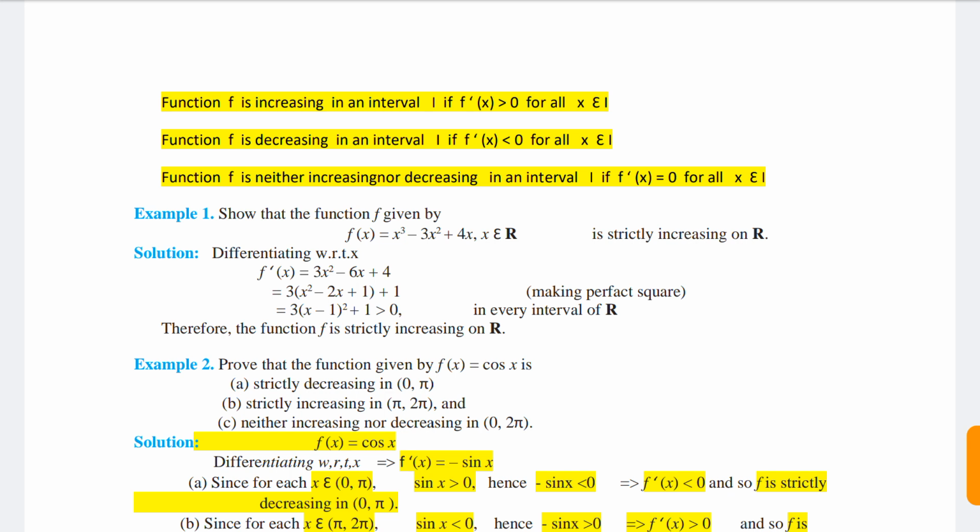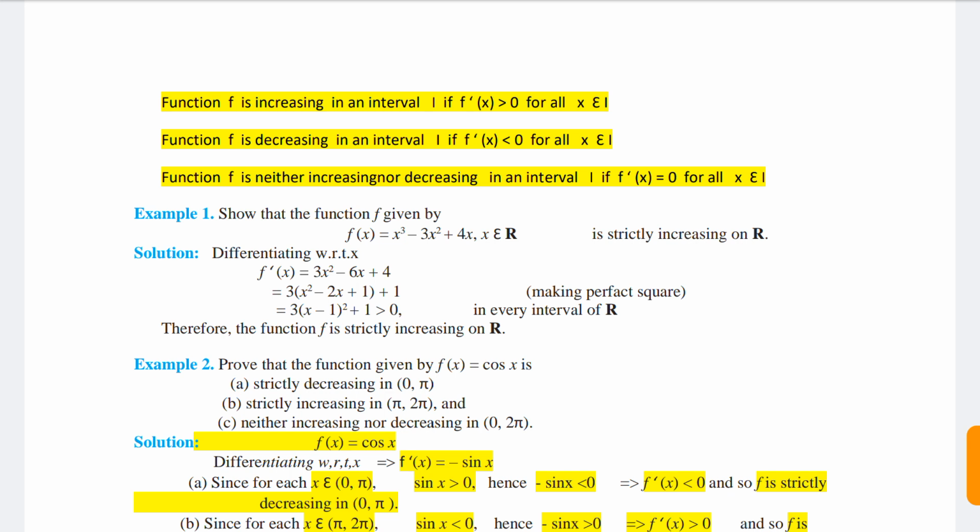Now you have to complete this, making it a perfect square. It becomes 3(x^2 - 2x + 1) + 1, making it a perfect square.